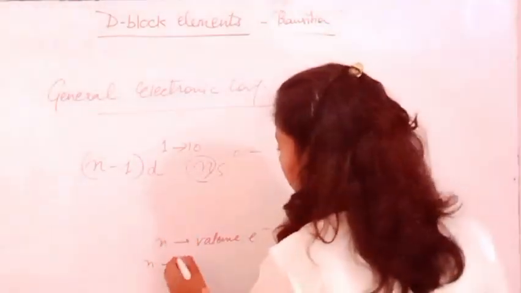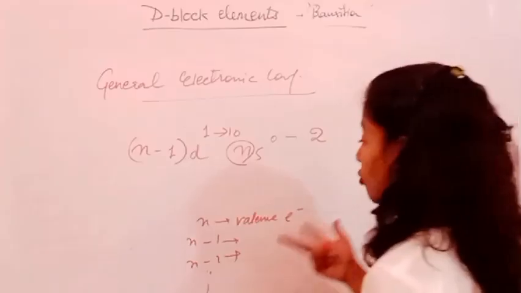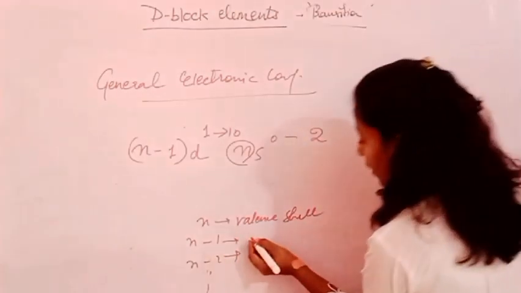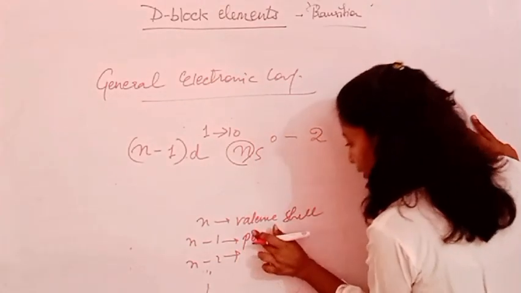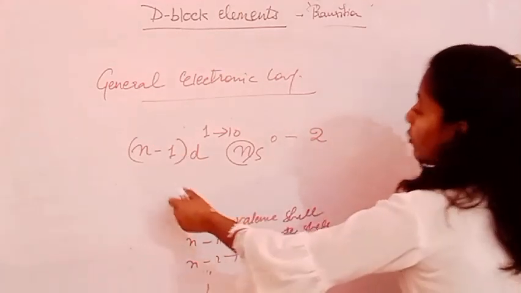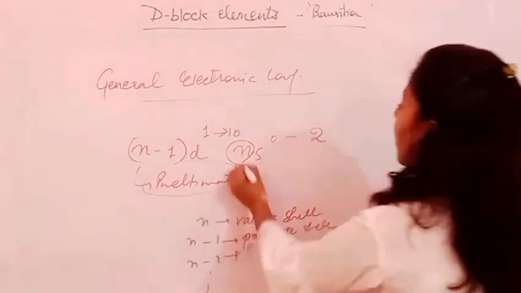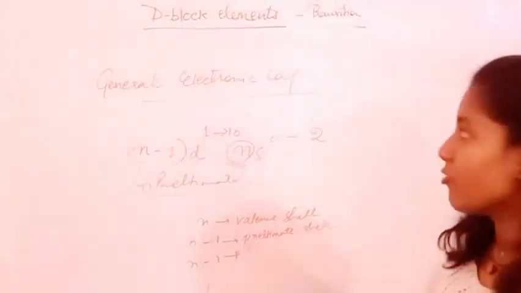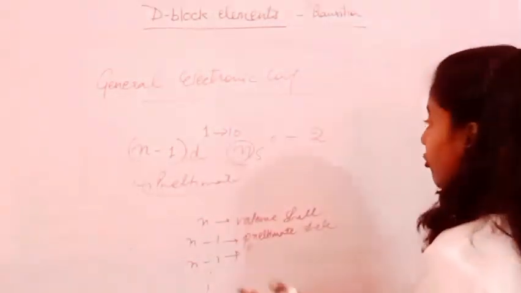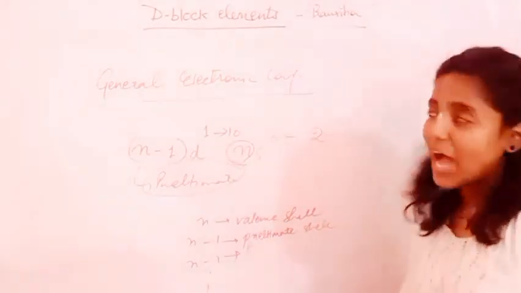What are n-1 and n-2 called, and so on? Talking about n-1, it is also called your penultimate shell. And your n-2, which comes in your f block elements, where the electrons will fill in n-2, we will call the antepenultimate shell. I hope this is clear.